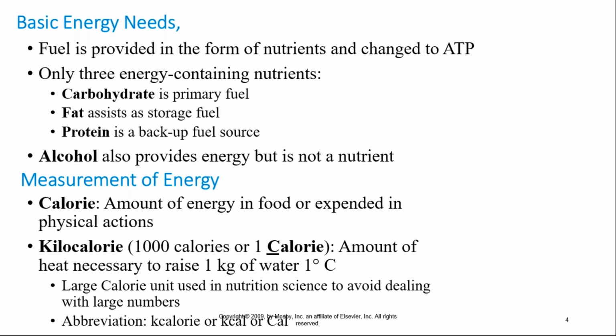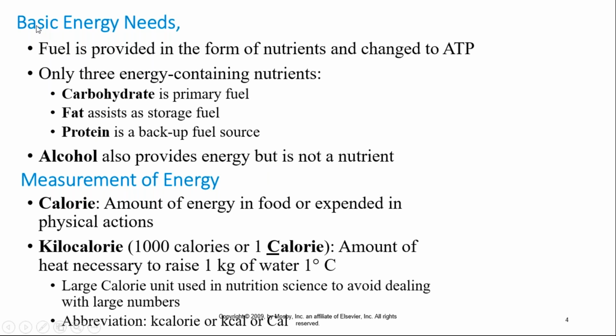So the three energy-containing nutrients, to reiterate, are carbohydrate, which is the primary fuel, fat, which is a storage fuel, and protein, which is a backup fuel source. If there is no carbohydrate or no fat, only then protein is broken down. And it is not good if protein is used as the sole fuel source, because this will lead to muscle wasting. Alcohol also provides energy, but it is not considered a nutrient.